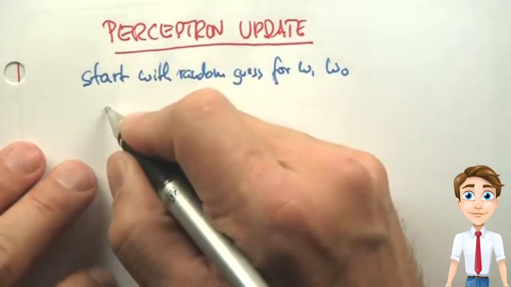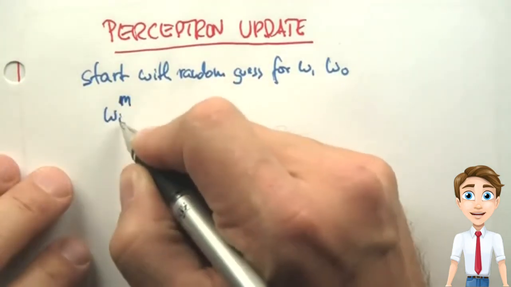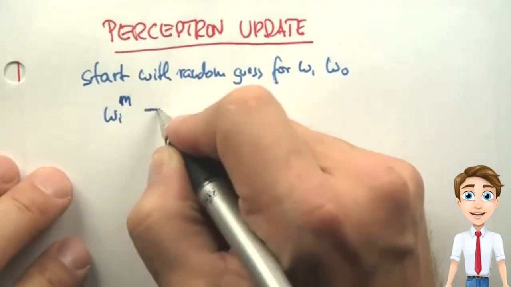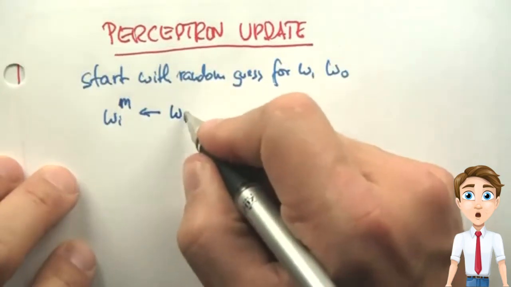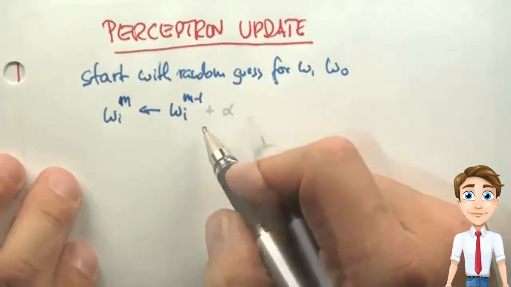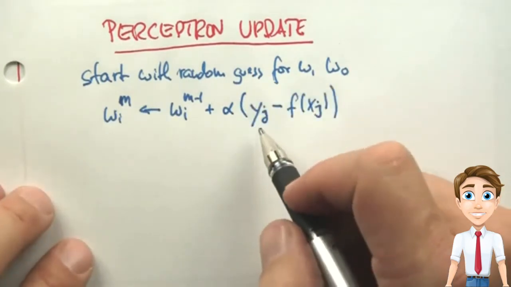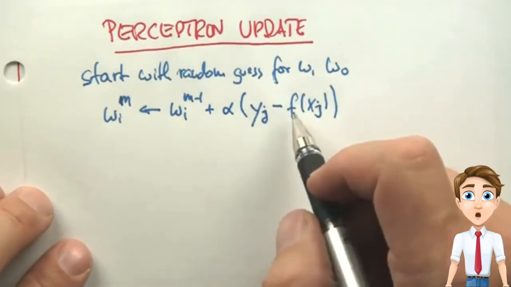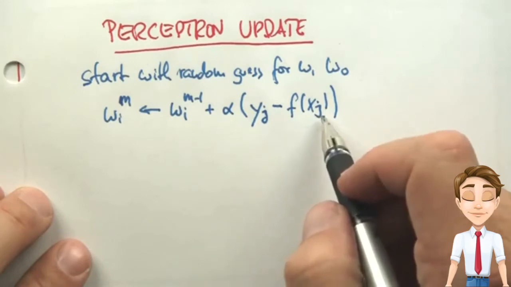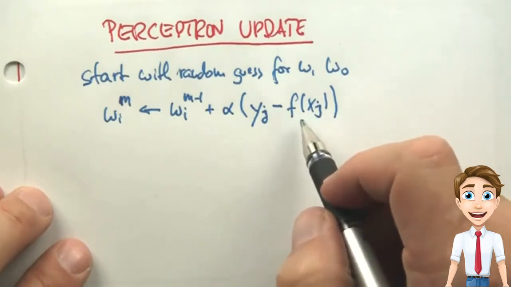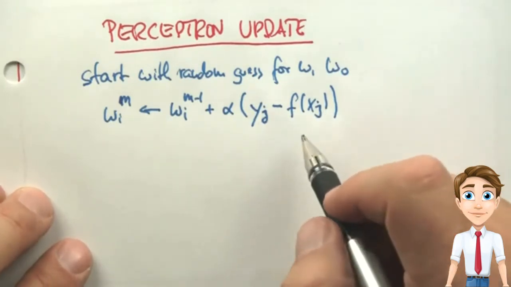And then the mth weight is obtained by using the old weight plus some learning weight alpha times the difference between the desired target label and the target label produced by our function at the point m minus 1.